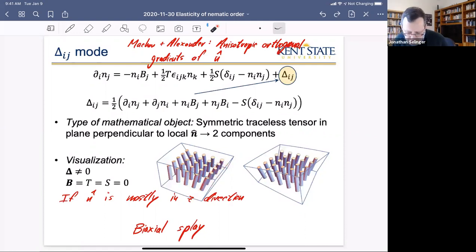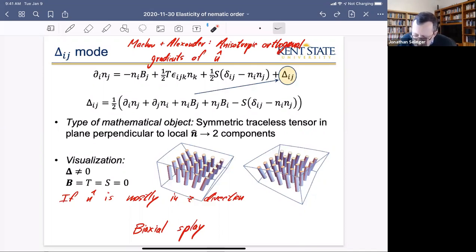Right? A director could totally do this. This is certainly a possible deformation mode. And it's not any of the other things that I described to you so far. It's not bend or twist or splay. It's a fourth sort of thing. It should be on the list of possible modes.